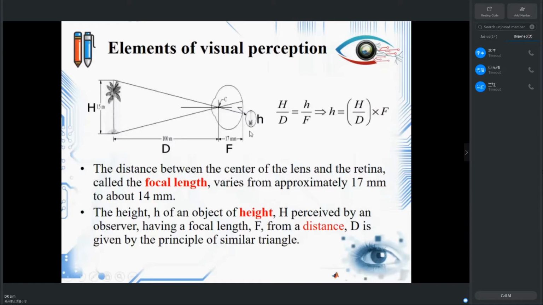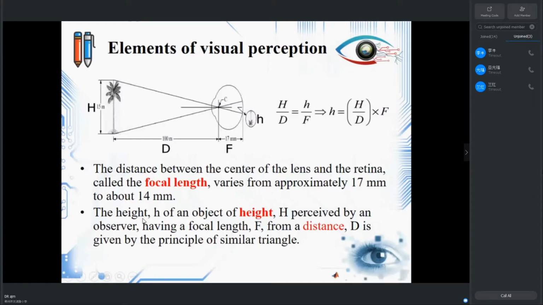The distance between the center of the lens and the retina, which we call the focal length, varies from approximately 14 millimeters to about 17 millimeters.